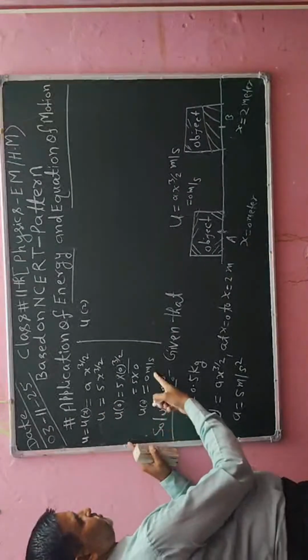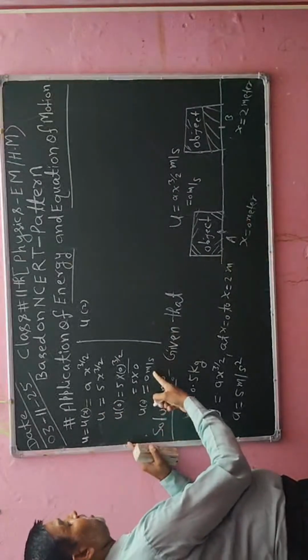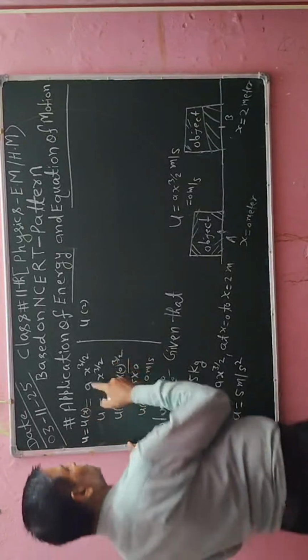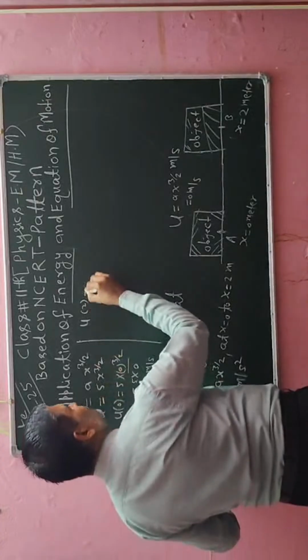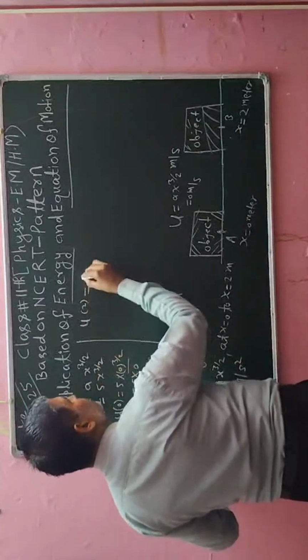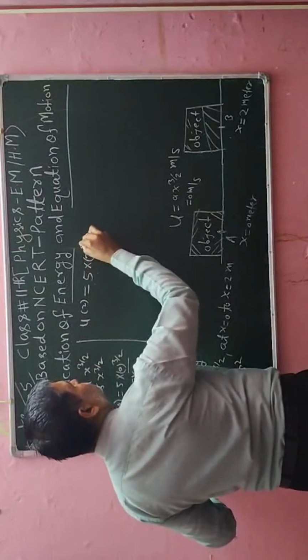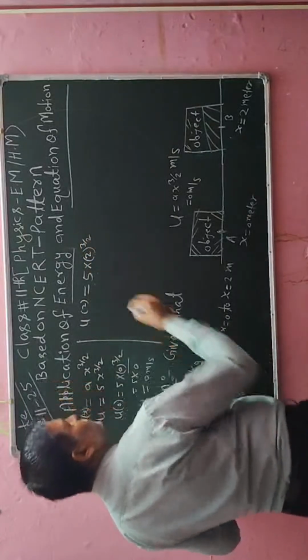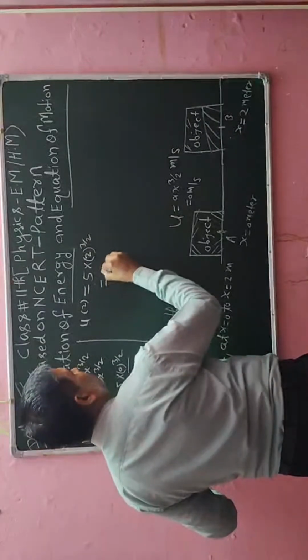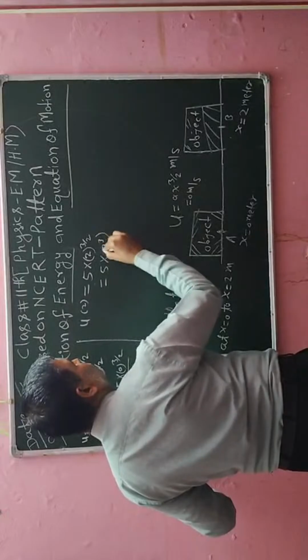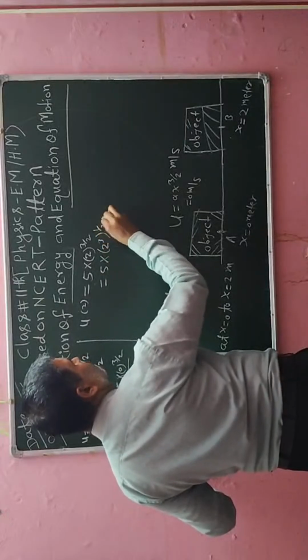Now when I put the value of x as 2, at each and every place I have to put 2. So 5 into 2 to the power 3 by 2. Okay, so again I will simplify here: 5 into 2 power 3 by 2, which I can write as 2 to the power 1 by 2.